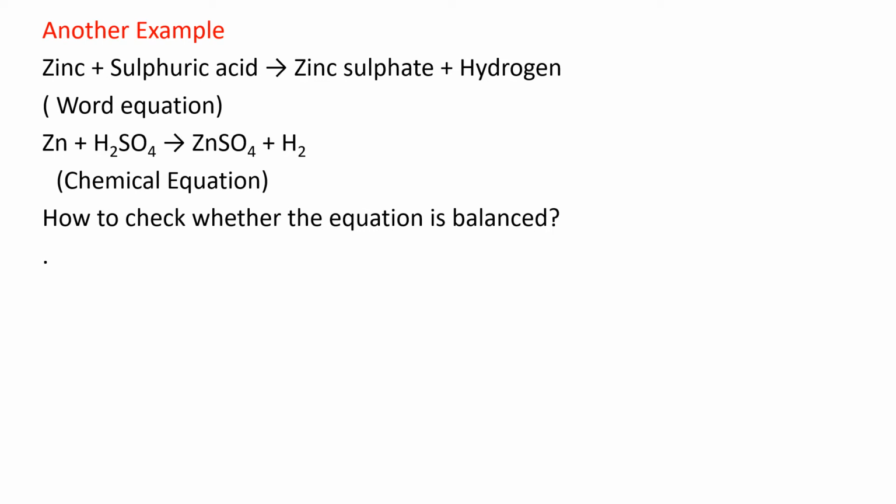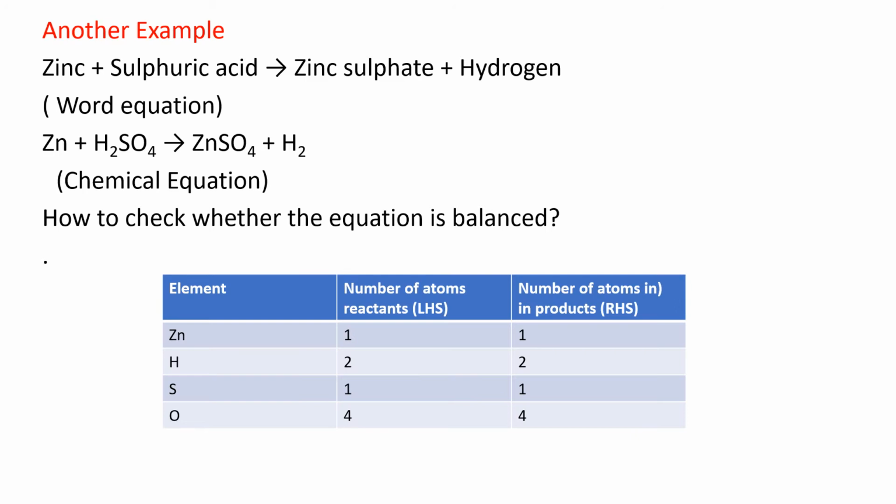So how do we check whether this equation is balanced? Now let us consider the different elements and their number of atoms on the left hand side and on the right hand side. First you see the zinc.